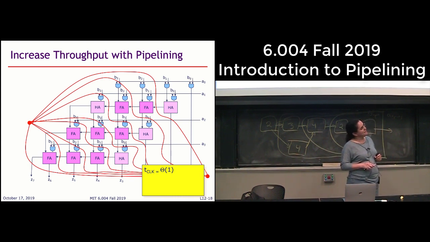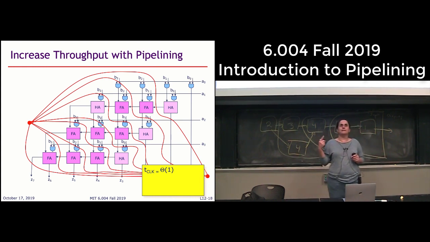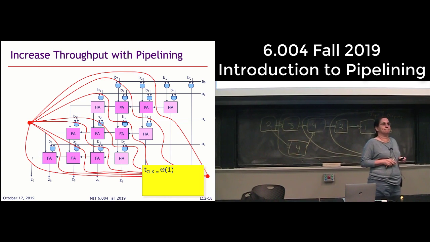Well, what has to happen here in a single pipeline stage? I only have to go through 1 full adder. Okay? And so that means that my clock period just has to allow enough time for a single full adder. It's not a function of n. Okay? And so that means that our clock is a constant or order 1.